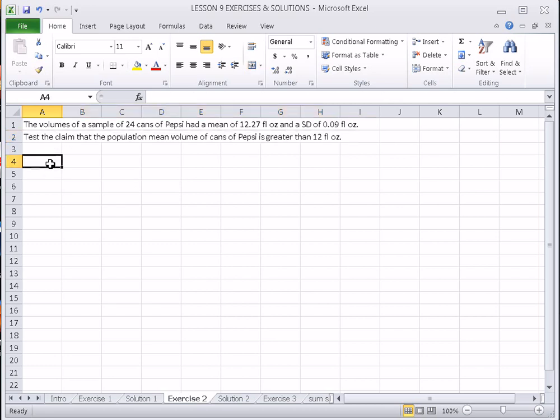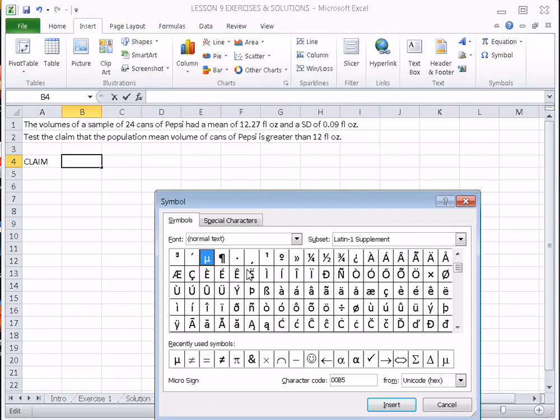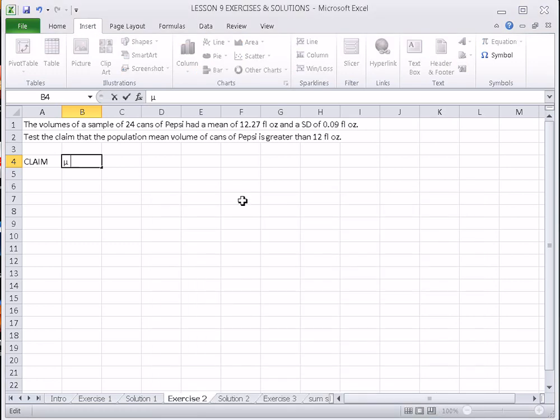So our claim is that the population mean, which is denoted by the Greek symbol mu, is greater than 12 fluid ounces.